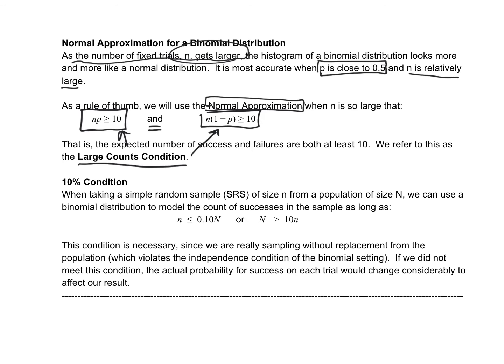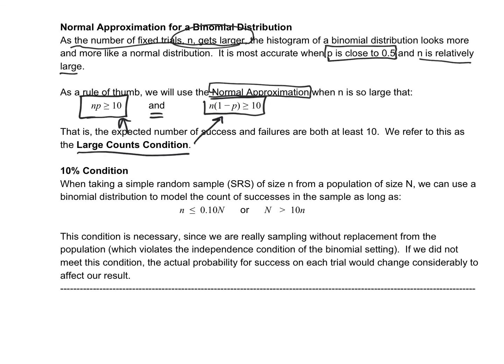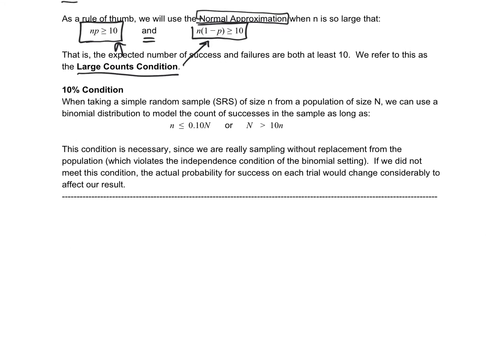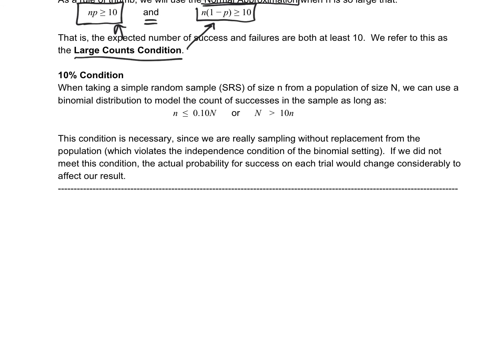All right? So, 10% condition. There's another piece of this. The 10% condition says this. When we're taking a simple random sample of size n from a population of size big N, so we're taking a scoop out of a big bowl. Think of it that way.